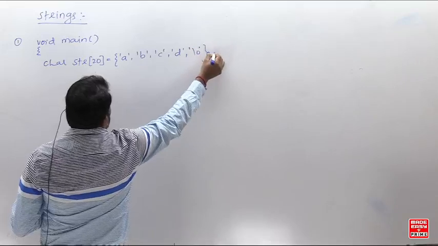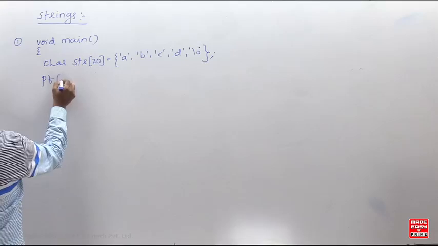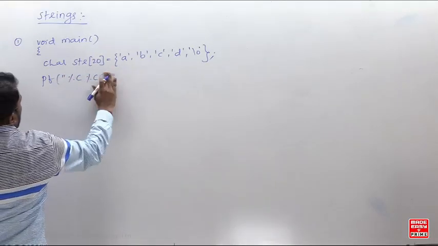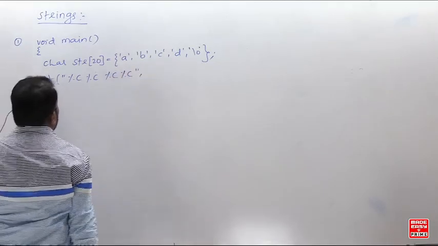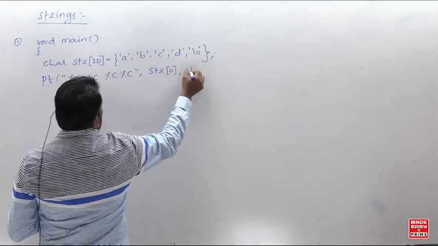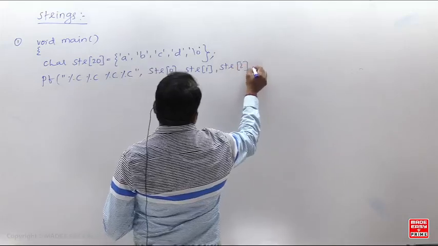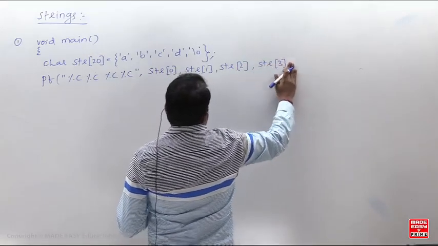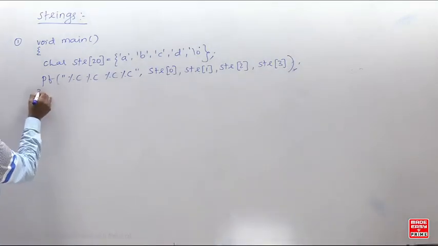I'm initializing the null character also. So printf %c and %c, you're saying str of 0, str of 1, str of 2. I'm teaching from the very basics to make sure that everyone understands.